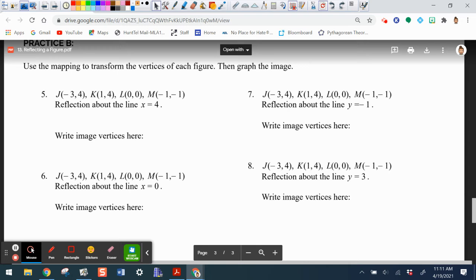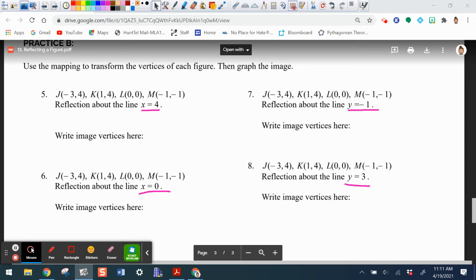We have to really understand the concept and the distance idea that I was referring to in that first practice. So we're going to really use graphing here for us to understand how to perform reflections about these lines: x equals 4, y equals -1, x equals 0, and y equals 3. Really going to rely on graphing here.